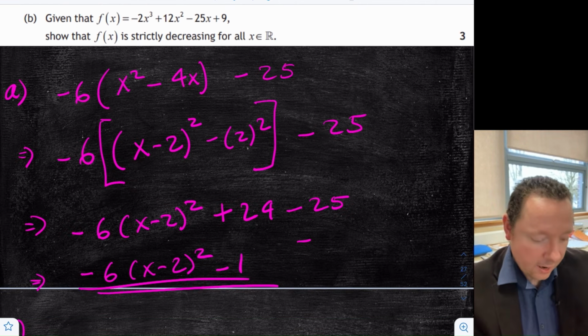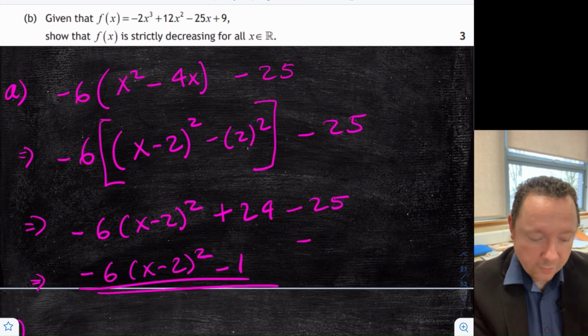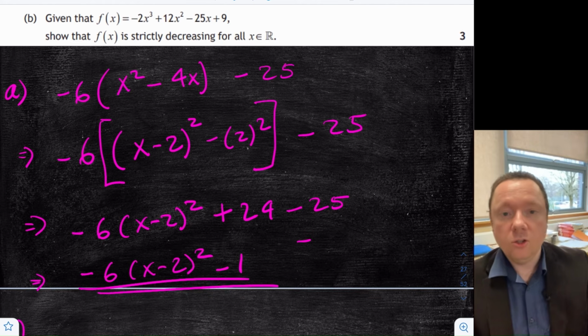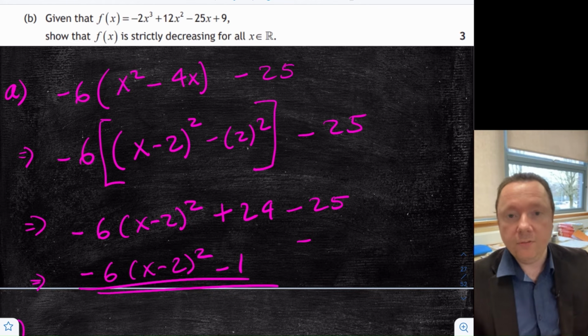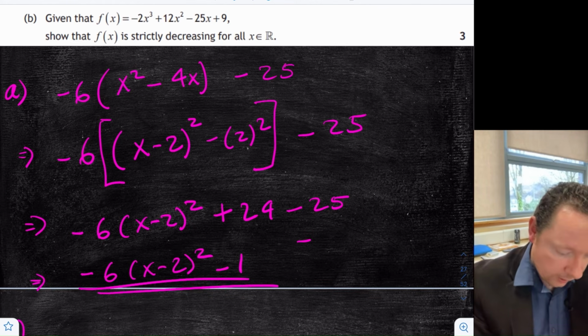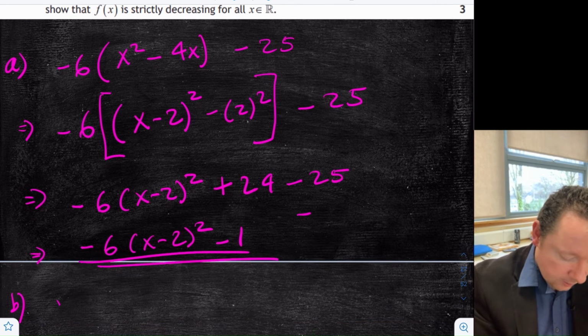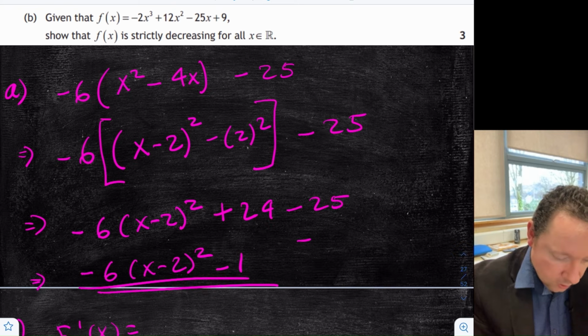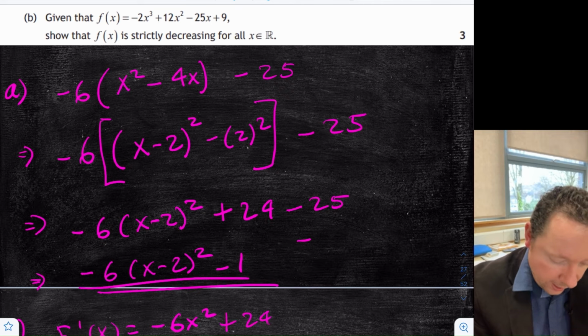Part B says, given that f of x is minus 2x cubed plus 12x squared minus 25x plus 9, show that it's strictly decreasing. So to show that something's increasing or decreasing, we need to evaluate the gradient of the tangent, and let's differentiate. So let's look at f dash x. f dash x equals 3 times 2 is 6, so minus 6x squared. 12 times 2 is 24, so plus 24x, and minus 25.